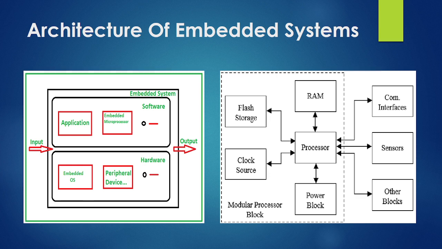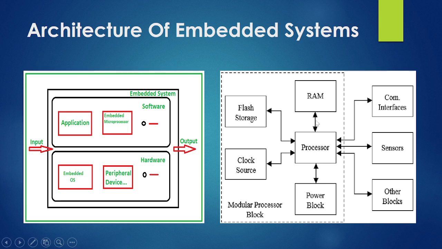So it's similar to this, and we can see that there are many onboard peripherals like RAM, sensors, other blocks, which may include LCD, buzzer, LEDs, clock source, power block, communication interfaces, RAM, flash storage, sensors. So these are all combined together on the board.